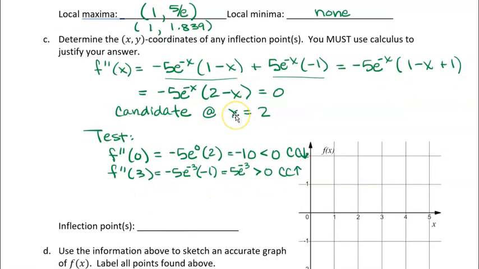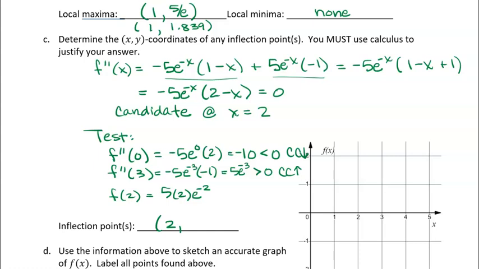And so now the x-coordinate is going to be 2, but we're going to end up graphing this, so we need to find the y-coordinate. To do that, we're just going to find f at 2. So we're going back all the way to the original function, right? 5 times 2 e to the minus 2.